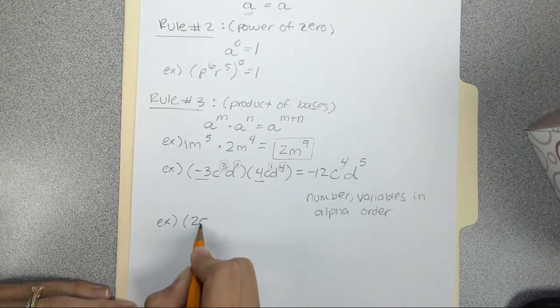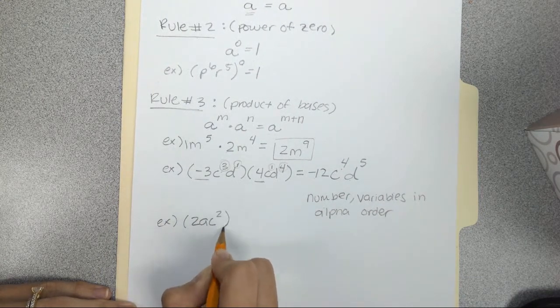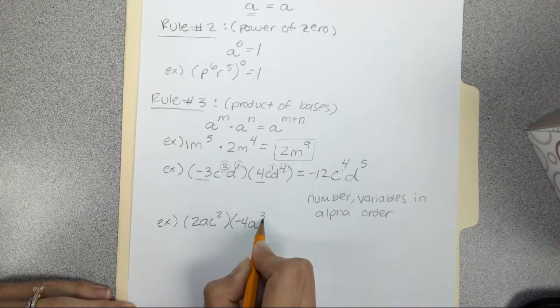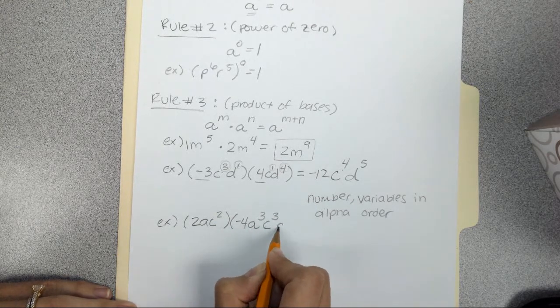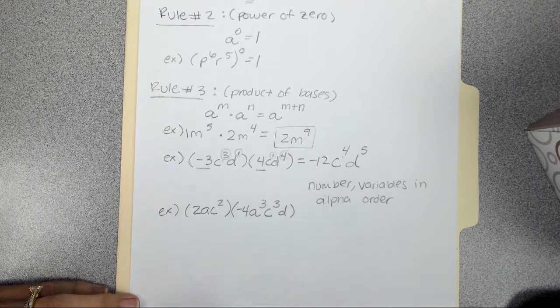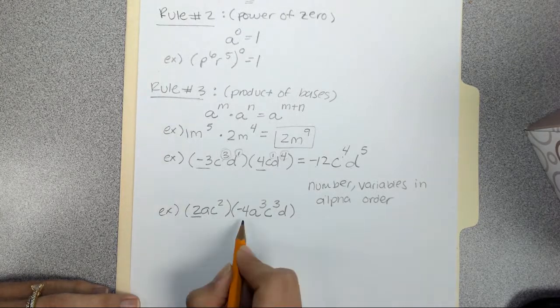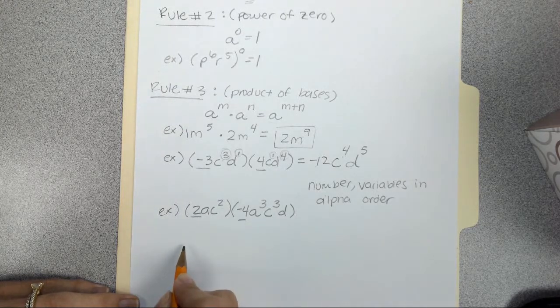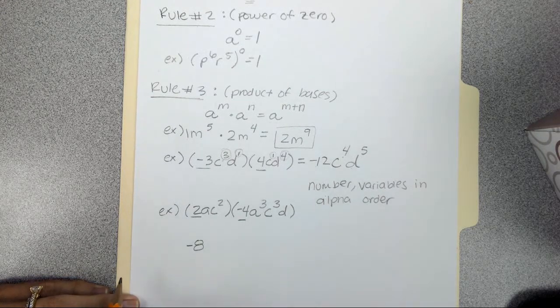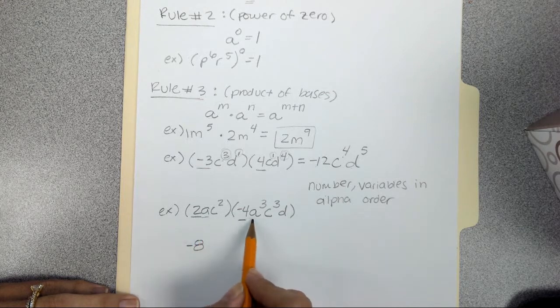Let's say I had 2 times a times c squared, all times negative 4 times a cubed, c cubed, times d. Well, let's think about our numbers first. I have a positive 2 and a negative 4, and I multiply that together, I get negative 8. And what about my a's? Since I want to go in alphabetic order, I'm going to look at a first.